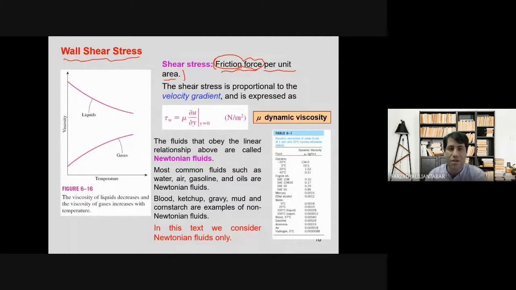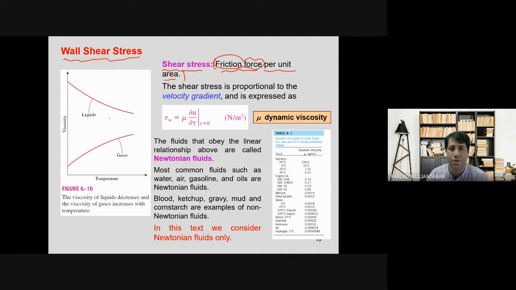And this viscosity also is effective on the shear stress. Here you can see in this graph viscosity as a function of temperature. By increase of the temperature of the gas, its viscosity will increase, so more shear stress will be there. But for liquid it is in the opposite direction. By increase of the temperature, the viscosity of liquid will reduce.